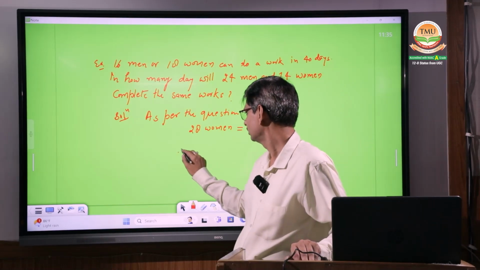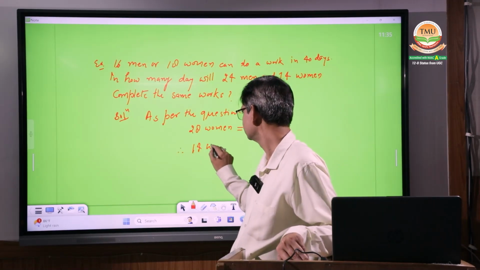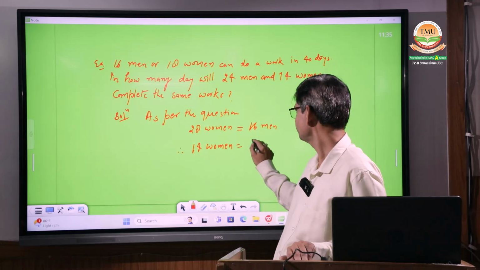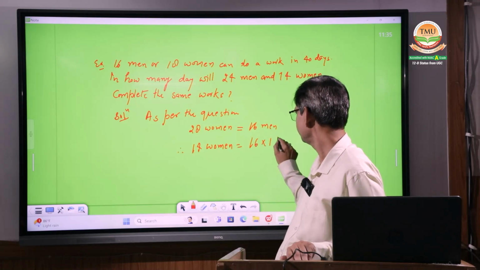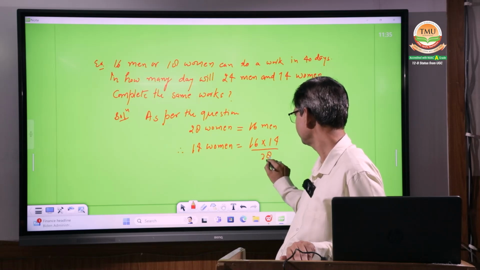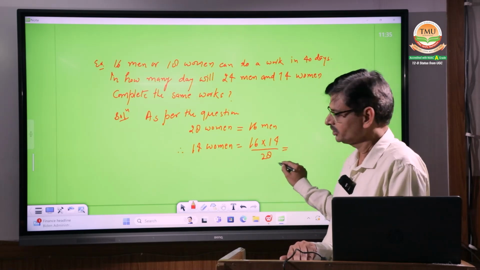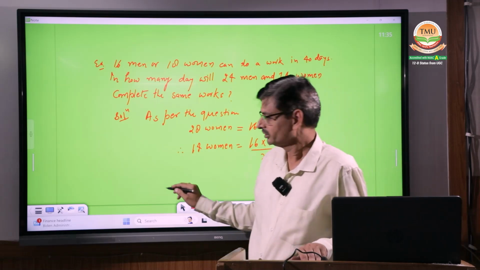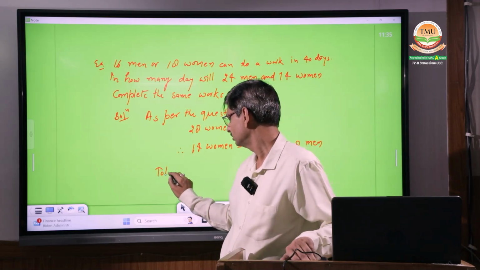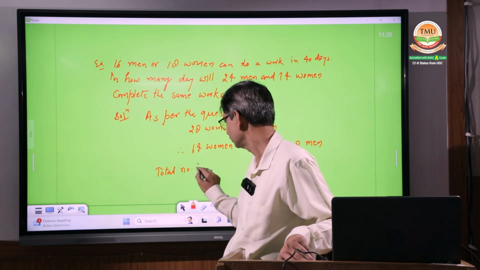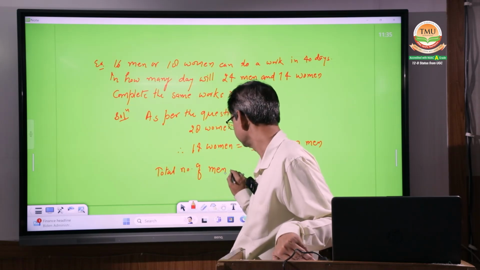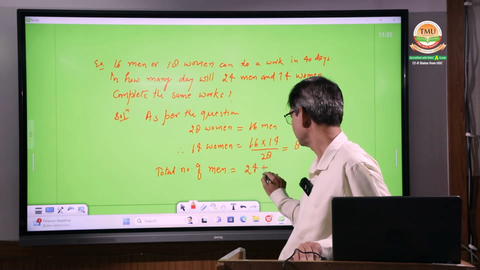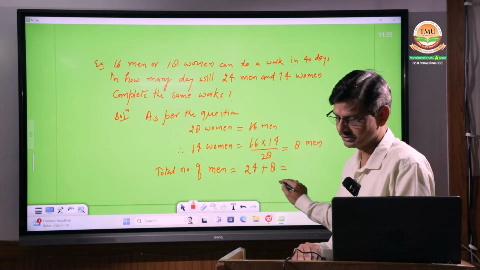Now that is 14 women is equal to 16 into 14 divided by 28, which will be 8 men. That is, the total number of men will be 24 plus 8, that is 32.